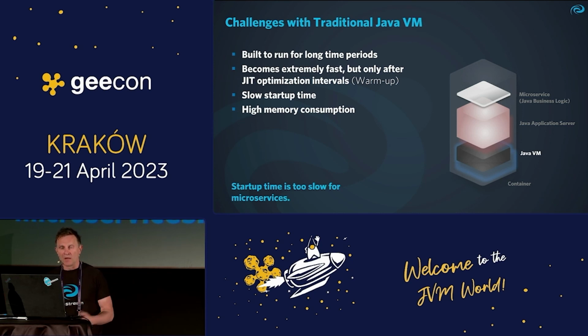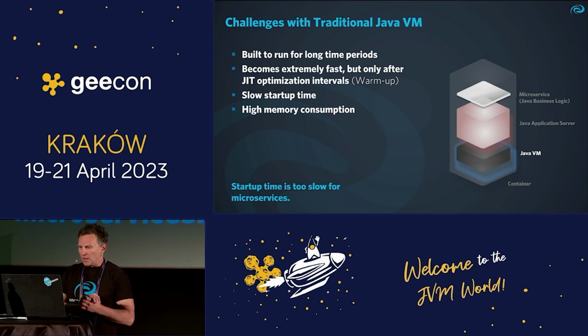We have really fast Java applications now. This changes with microservices, because a microservice, and especially a serverless function, should be able to start quickly, in milliseconds. This will not fit with the JIT compiler, which has a warm-up time and so has a slow startup time.